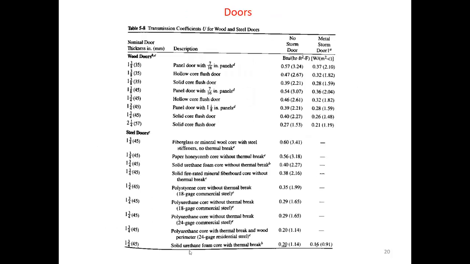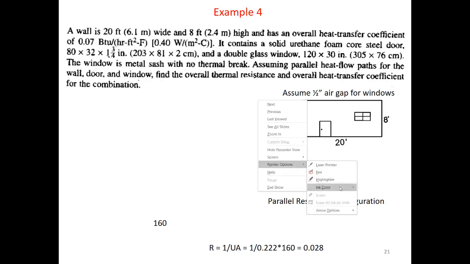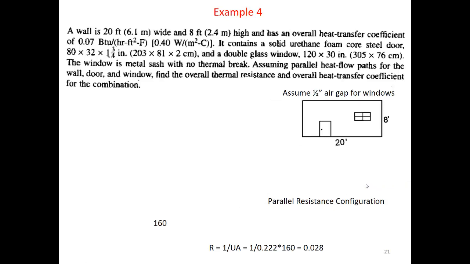We'll skip these here, because we have them, and we'll solve examples 4, 5, 6, and 7. So what we have here is a wall that has dimensions of 20 by 8 feet.